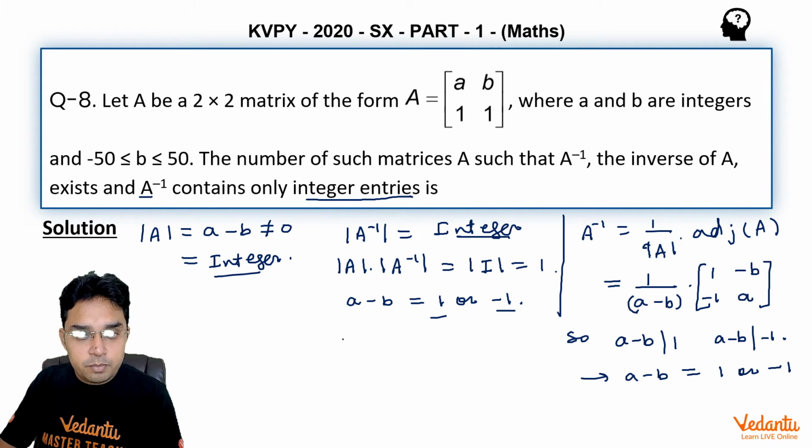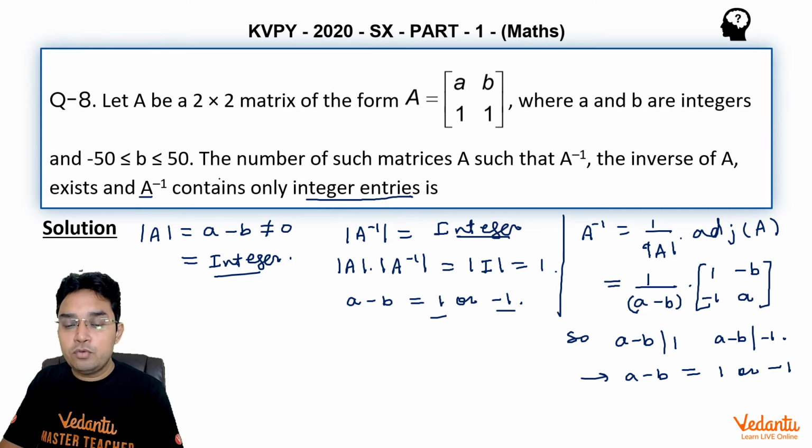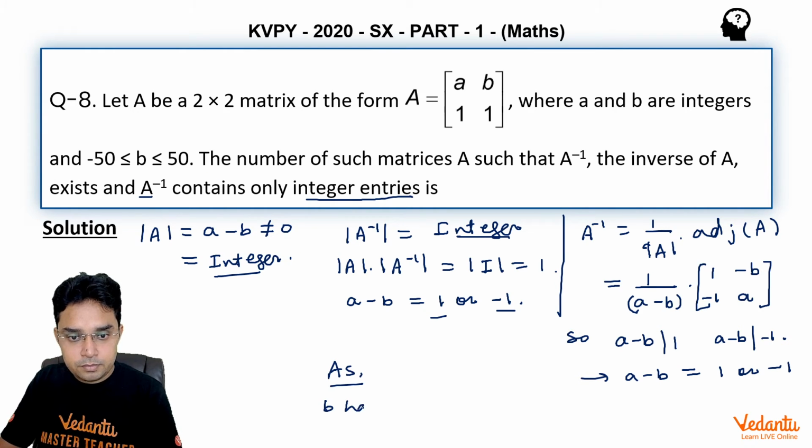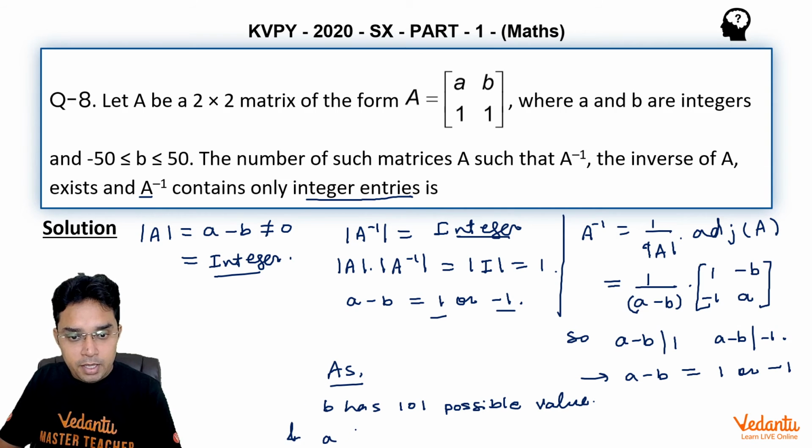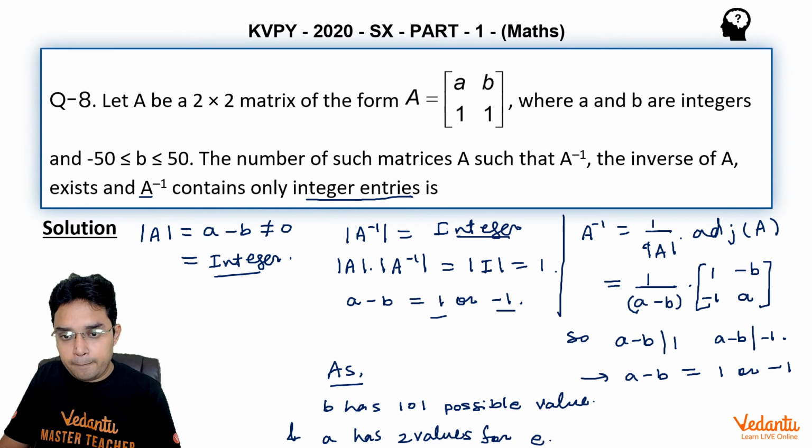Now because b is between minus 50 to 50, b has 101 possible values, because it takes values from minus 50 to 50 including 0, and a has 2 values for each b.